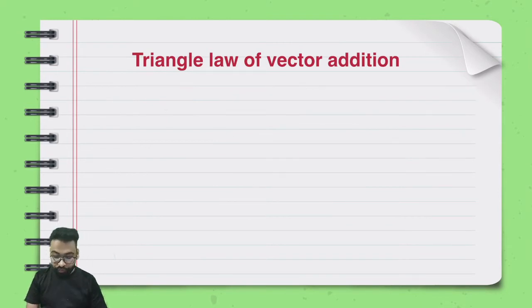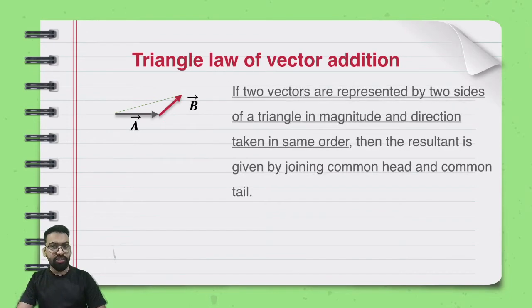In the next part of the law, it says that if you keep those as sides of a triangle, where A and B are the same vectors that we took, then these are represented by two sides of a triangle.